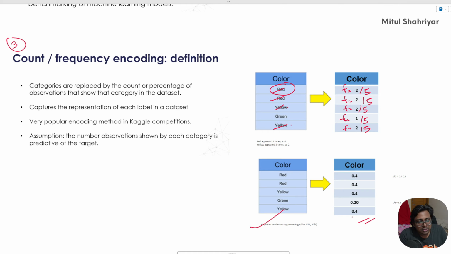It can be done using percentage like the others as well, so we can compare it like that. Instead of the string, we have these values. For red, the numerical value is 0.4. For yellow, 0.4. For green, 0.2.